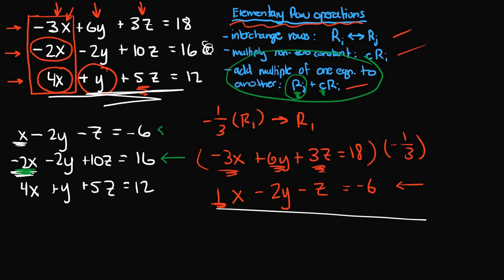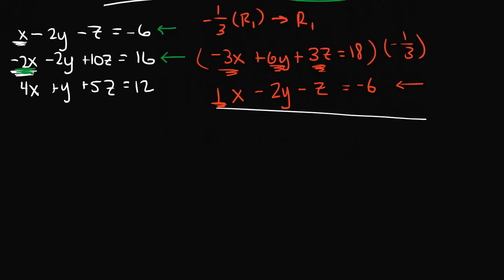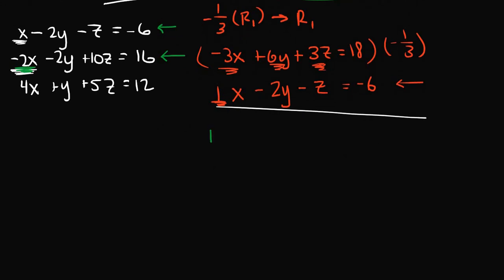So what if I multiplied this first equation by 2 and then I added it to the second equation? What I'm saying is, if I scroll down, what if I took the second equation, R2, and I added 2 times row 1 to get the new R2? So equation 2 is negative 2x minus 2y plus 10z is equal to 16, and I took 2 times equation 1 and added it to this equation.